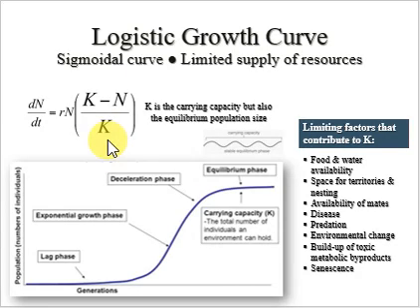If population size, that value of capital N here, is below the carrying capacity, K, the population should continue to grow. When the population density gets very high, the population's per capita birth rate will decrease, and that causes an increase in the per capita death rate.